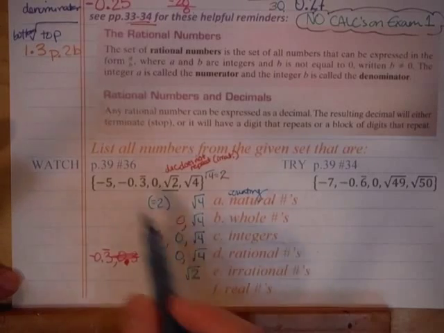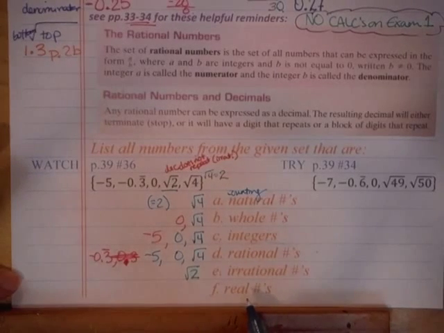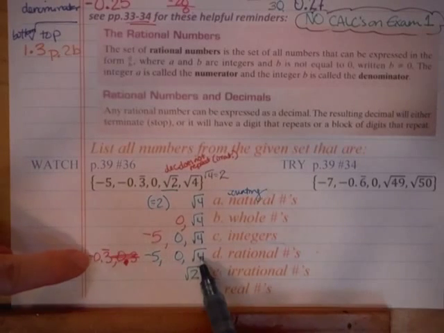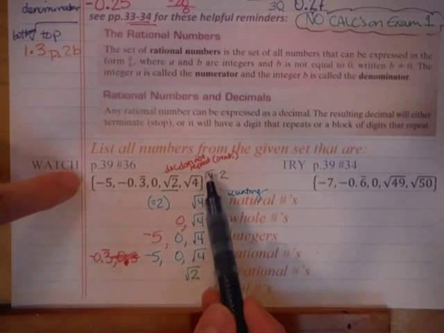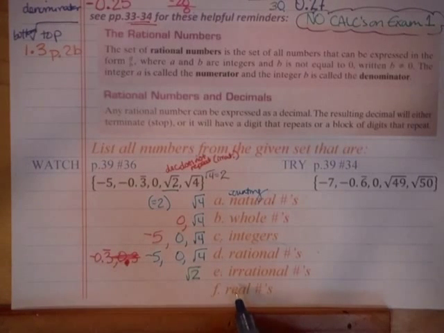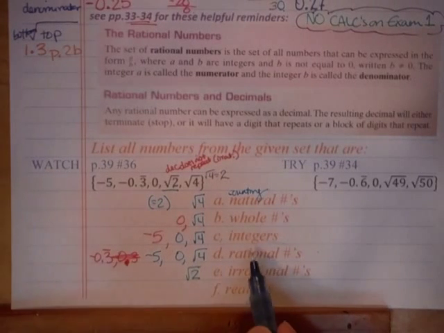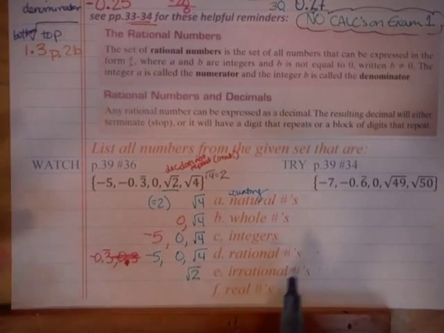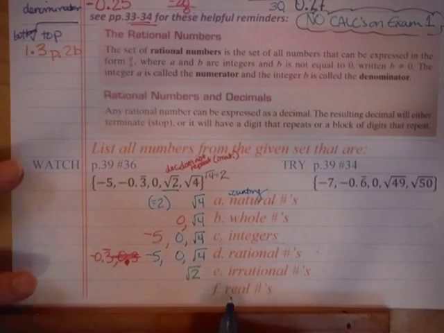And then finally, which of these are real numbers? Real numbers are all the rationals plus the irrationals. So we have 4 rationals, 1 irrational. The whole set has real numbers. And we won't throw in imaginaries. There's real and imaginary. We'll talk about imaginary numbers in Math 95 in detail. We hint at it in Math 65, but you don't have to worry about that now.